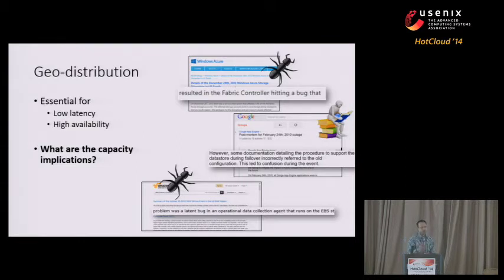The Fabric controller is the operations management layer in the cloud infrastructure for Azure. Google had a big failure for a data center, and the reason it turned out was that the operators looked at the wrong documentation. They couldn't find the right document in the case of the failure. Amazon, again, had a similar failure due to a software bug. You can't really prevent these with, say, backups within the single location.